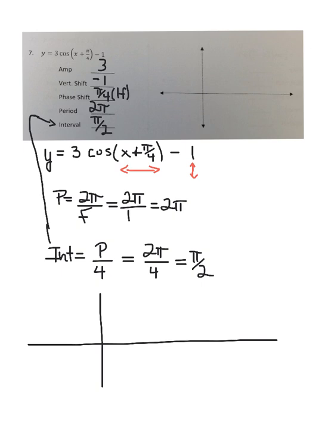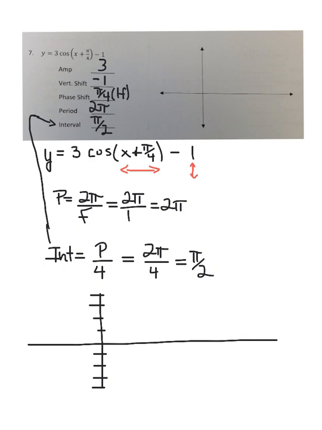So I'm actually just going to go 1, 2, 3, 4, 1, 2, 3, 4 to account for that extra 1 that we have.